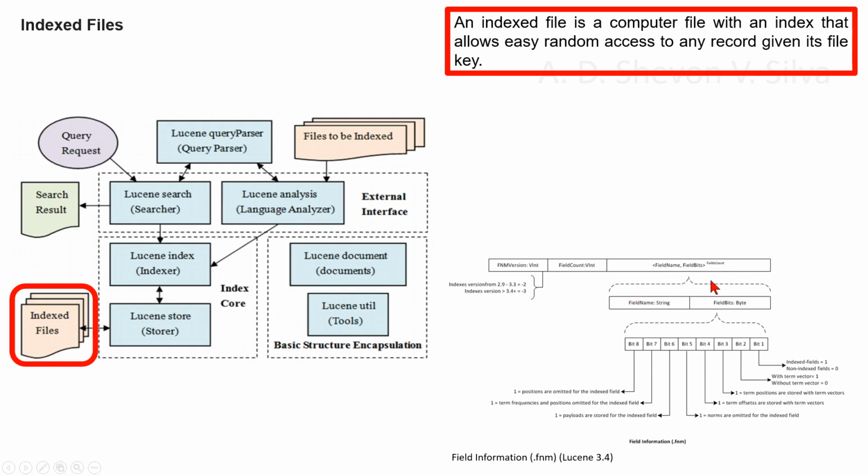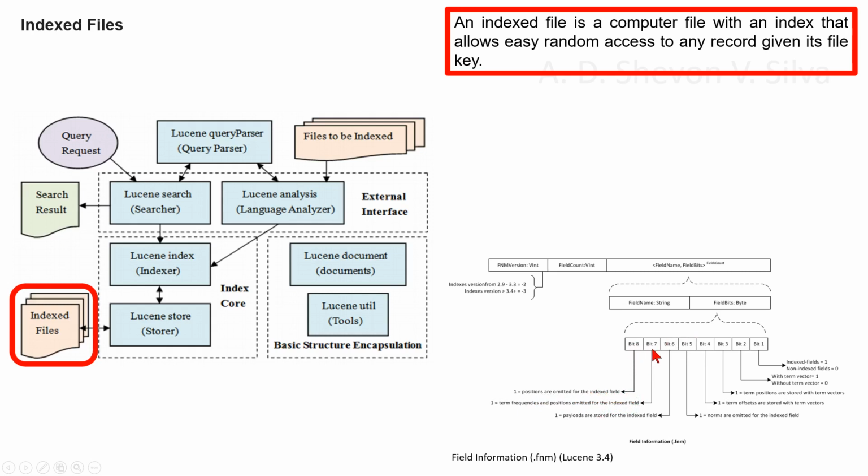This section consists of field name string and field bits byte. Here the bit 8, 1 equals positions are omitted for the indexed field.